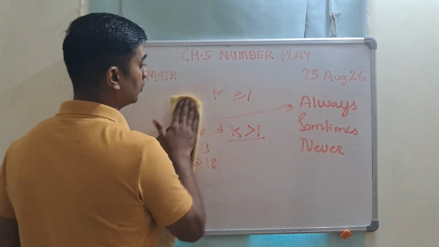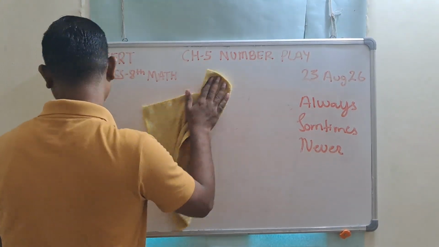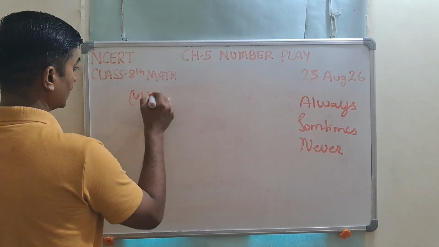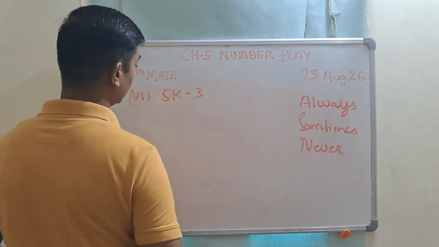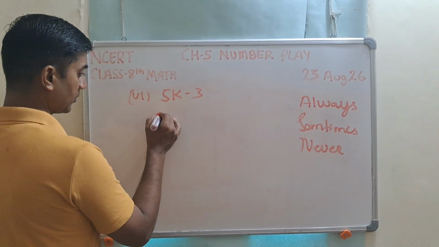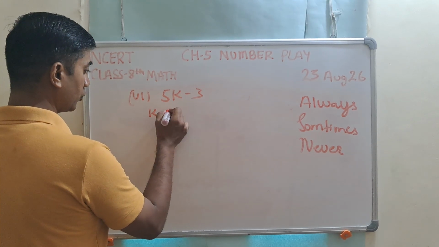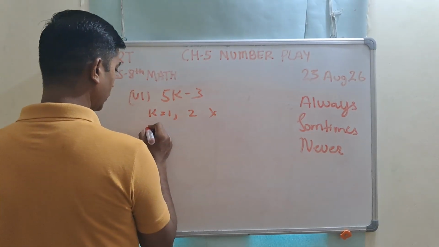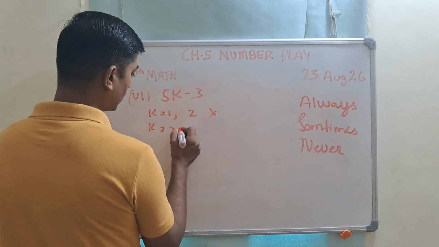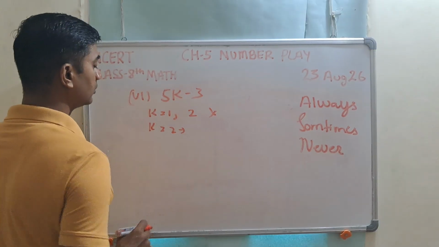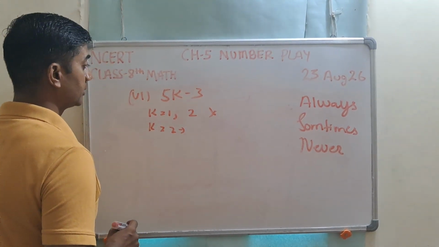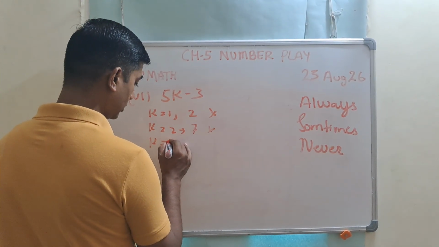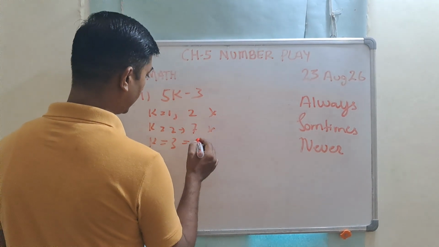Now we will see the last expression. The last expression is 5k minus 3. We will put the values. K equal to 1, that result will give us 2. Not true. K equal to 2, 10 minus 3, 7. Not true. K equal to 3, 15 minus 3, 12.